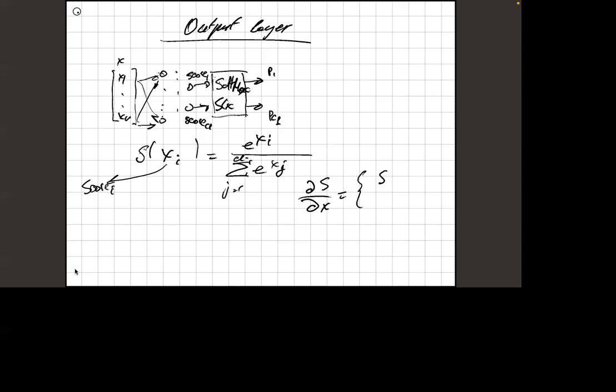It's either S of xj times (1 minus S of xj) when k equals j, or minus S of xj multiplied by S of xk for k not equal to j. So this is the derivative of it.